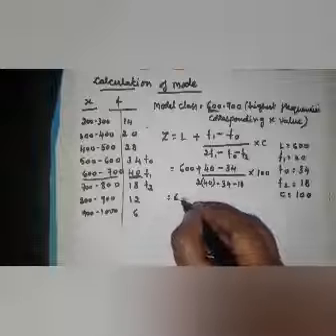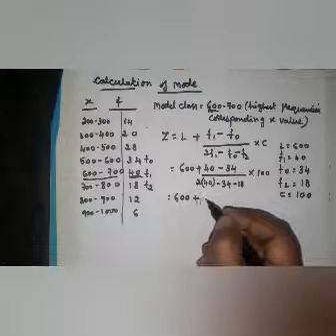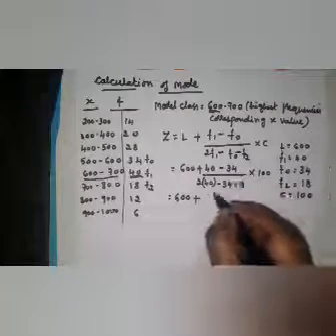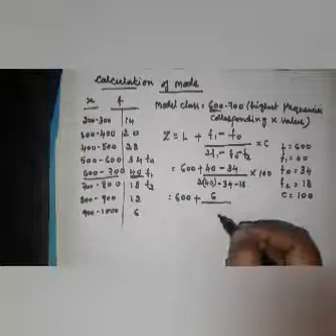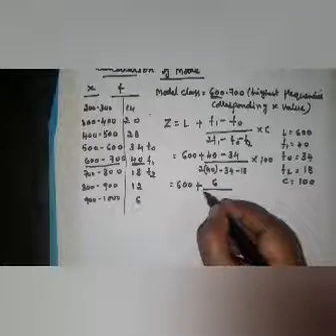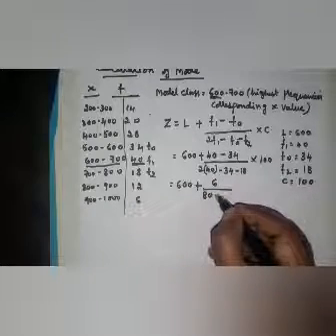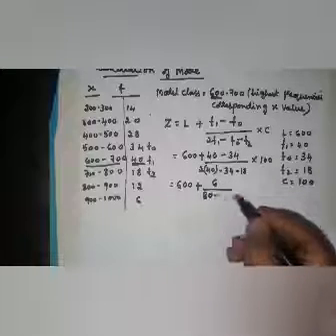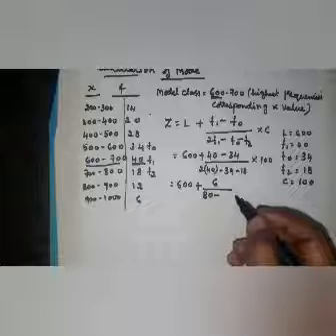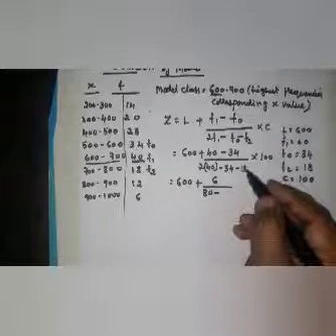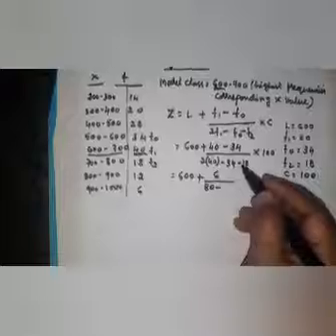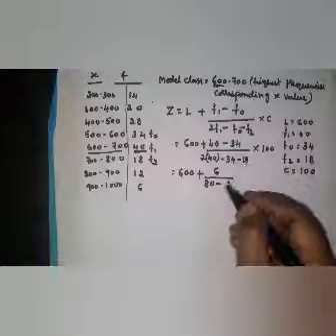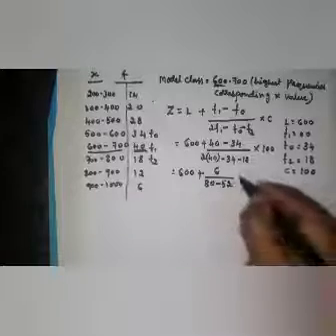That is equal to 600 plus 40 minus 34, which is 6, divided by 40 into 2, that is 80. 34 and 18 are both negative values, so we add these two: 18 plus 34 is 52, into 100.